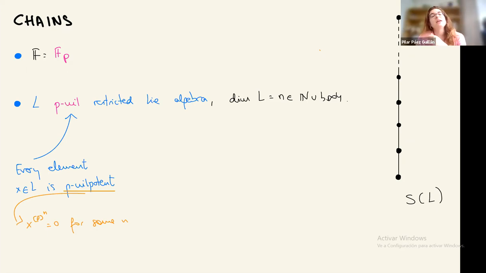I say that a restricted algebra is p-nil if every one of its elements is p-nilpotent. That means there exists some natural n such that if I apply the p-map n times to x, I get 0.